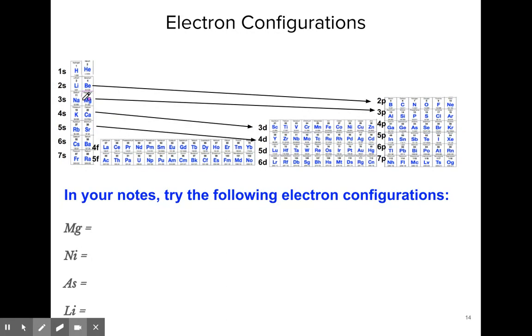Magnesium is number 12, so it's right here. We would start at hydrogen, so we have to go 1s2, because we go two elements over. And then after element 2, we come down here to lithium and beryllium, so then we would do 2s2. After element 4, we follow our arrow over here to 2p, 1, 2, 3, 4, 5, 6.